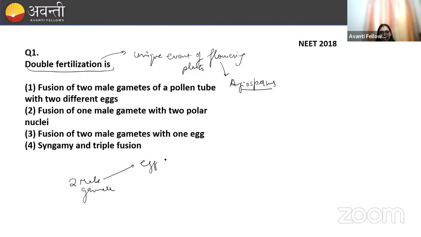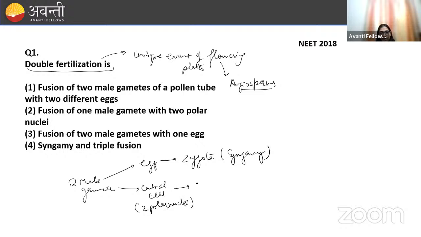One fuses with the egg and forms zygote, which is known as syngamy. The other fuses with the central cell, which contains two polar nuclei, and forms primary endosperm nucleus. And the process is triple fusion. And this syngamy and triple fusion are collectively known as double fertilization.